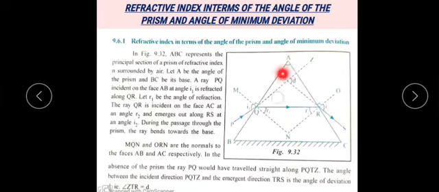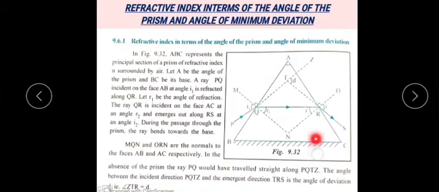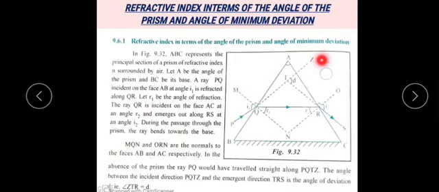In the absence of the prism ABC, the ray of light PQ would travel straight as PQTZ.